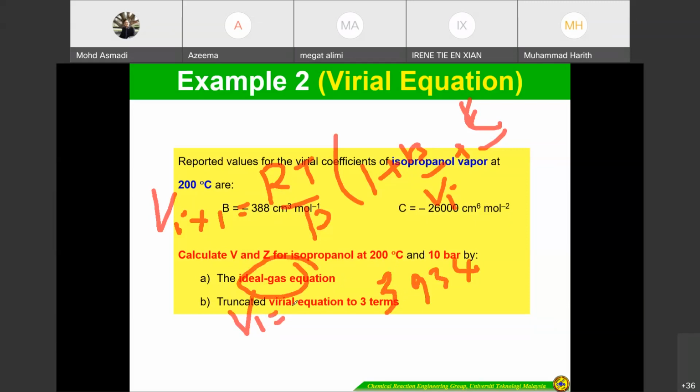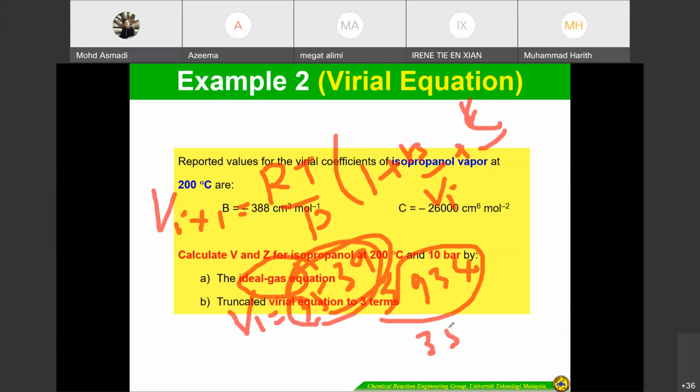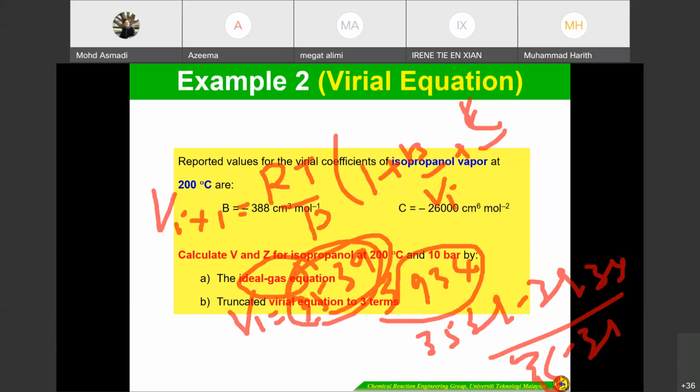V1 awak dapat berapa? 3539. Kalau awak tengok ni berapa error dia? Cuba awak tolak ni, bahagi dengan awak punya nilai asal. 3539 tolak dengan 3934 bahagi dengan 3539. Berapa error dia? Besar ni. 11%. Besar tu.